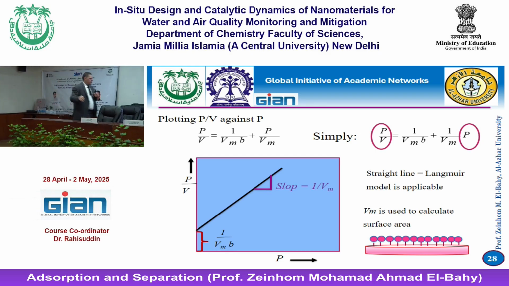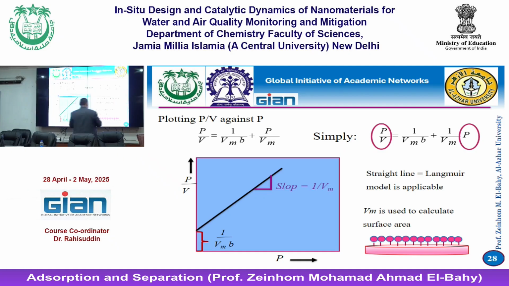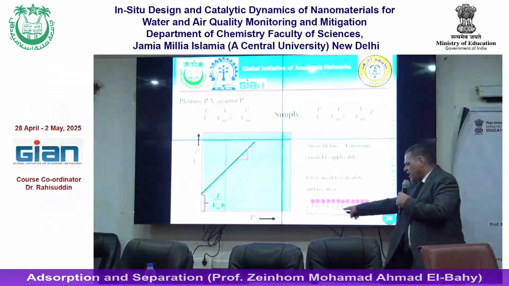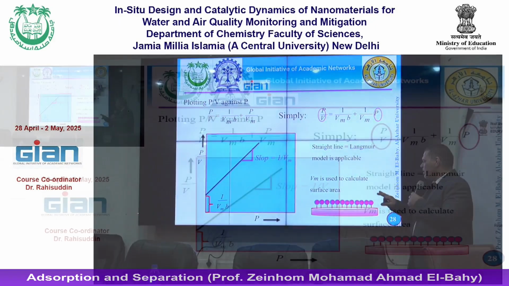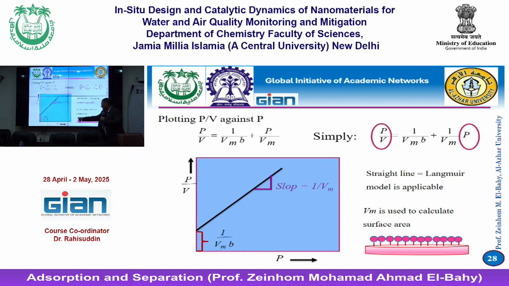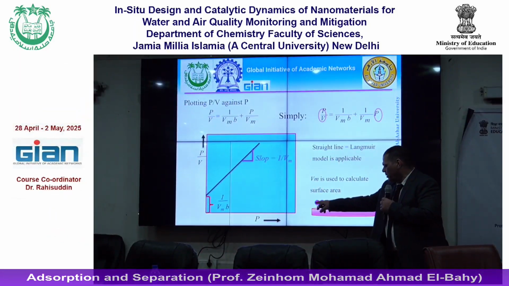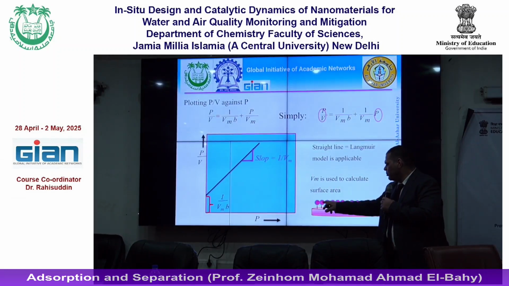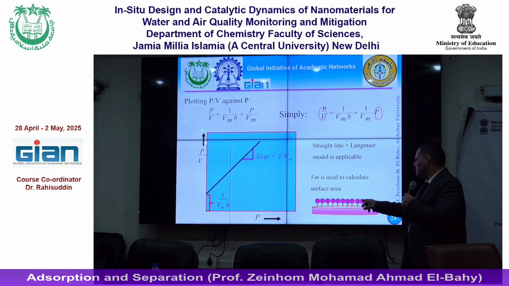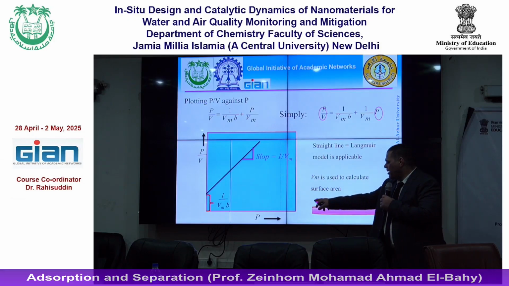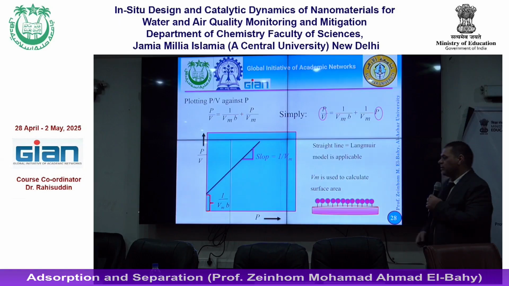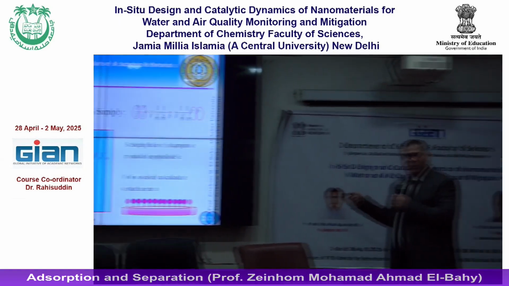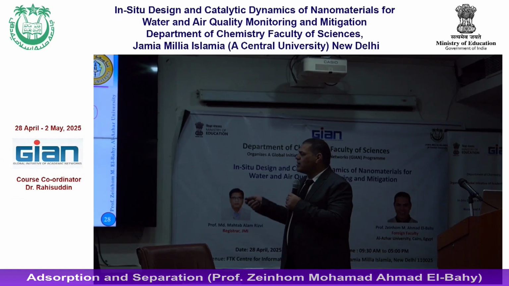Simply, if I ask you to calculate the surface area of this material, and I give you the surface area covered by one molecule, you can count 1, 2, 3, up to 12, then 12 by, for example, 2 centimeters, which equals 24 centimeters, right? Here we can use this to calculate the surface area.